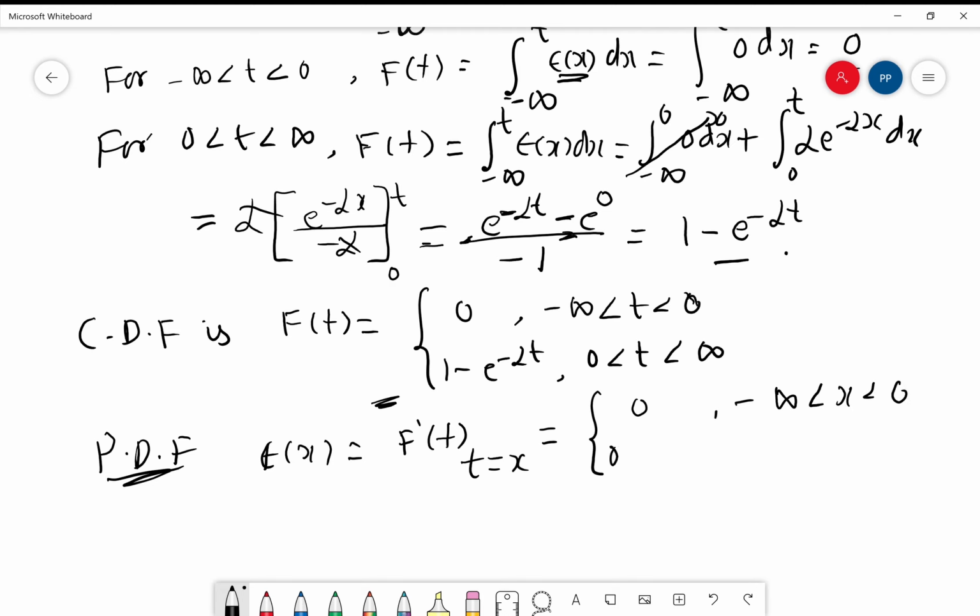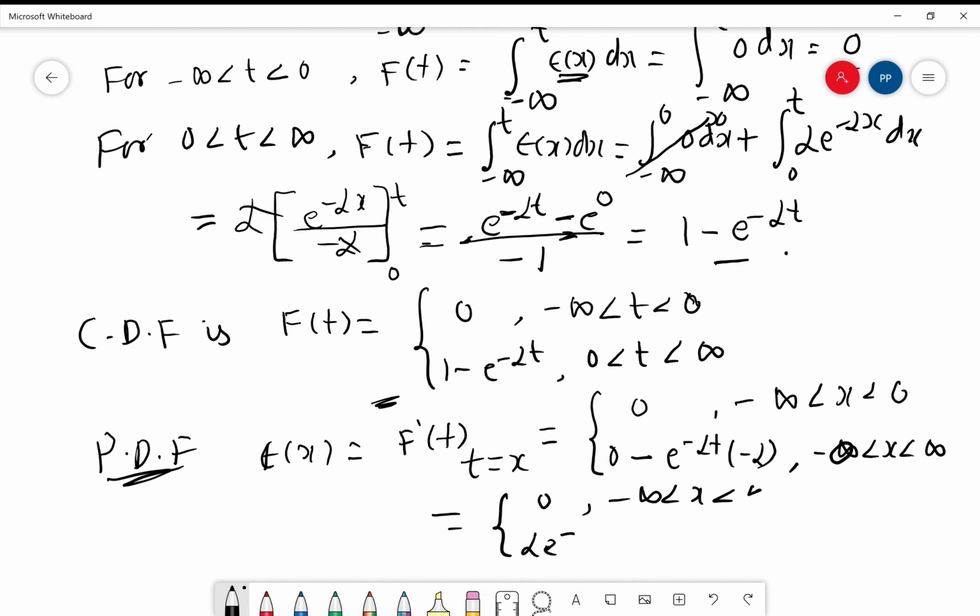Derivative of 1 is 0, and e power minus alpha t into minus alpha, for 0 less than x less than infinity. Now that simplifies to 0 in the negative interval, and this simplifies to alpha e power minus alpha x, because we have to replace t by x. So that will give back the PDF.